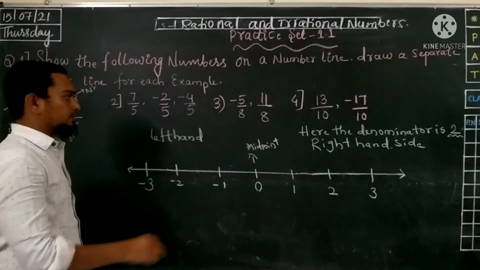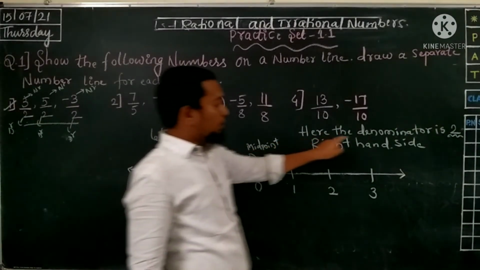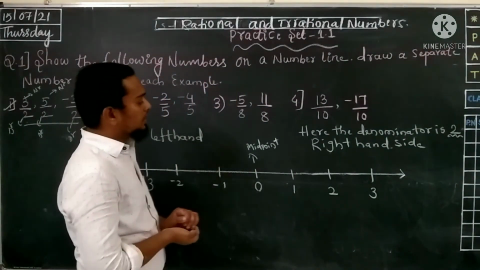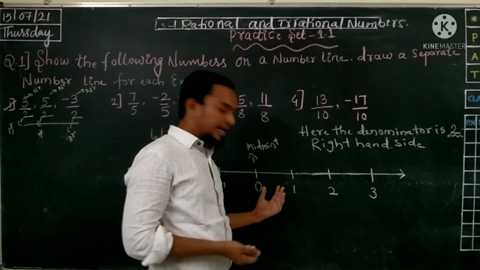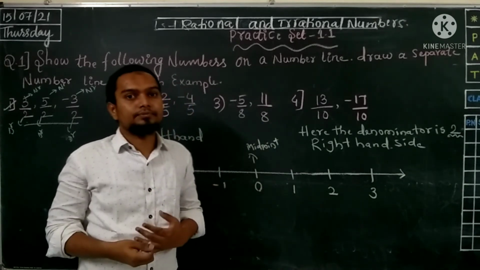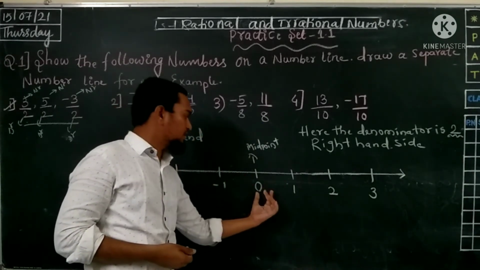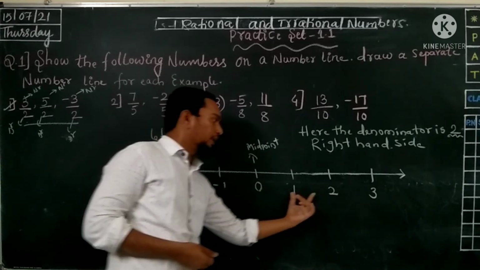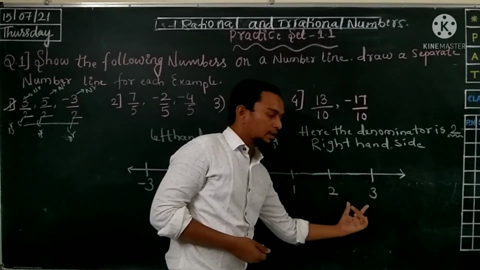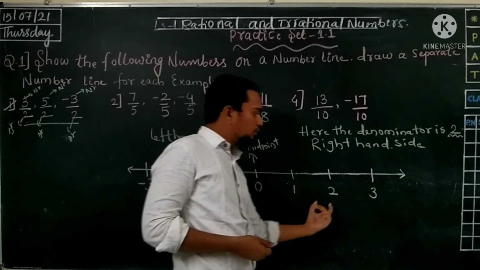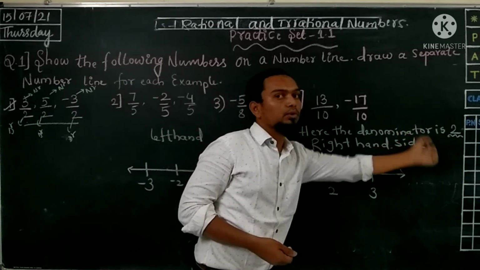Okay, next. Here the denominator is 2. Denominator is 2 means now we will write the difference between two numbers. Any two consecutive numbers, like 0 to 1, 1 to 2, 2 to 3, the difference is 2.